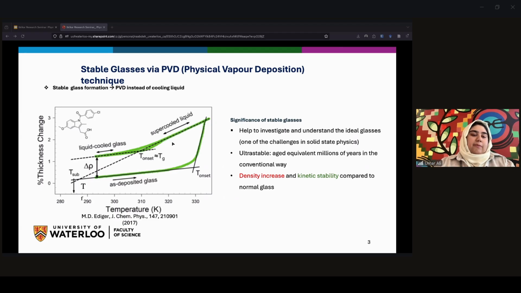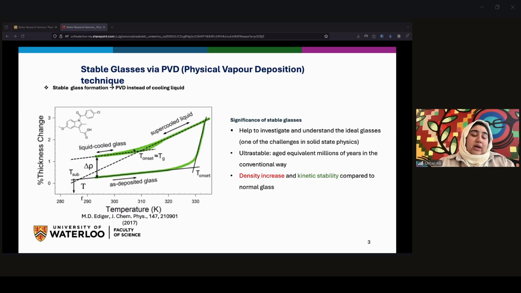Once a stable glass is heated and reaches the onset temperature, the glass is no more a stable glass, it becomes an ordinary glass.